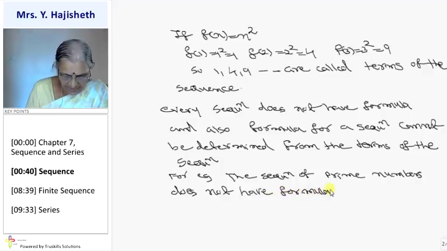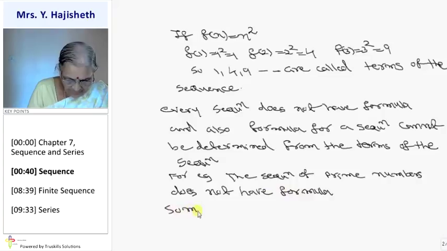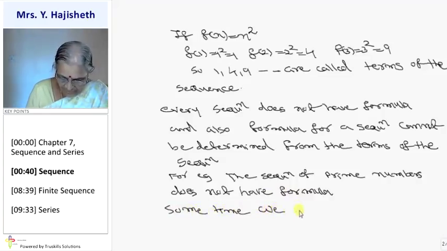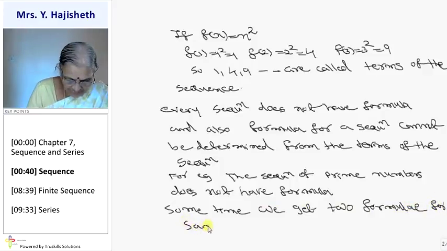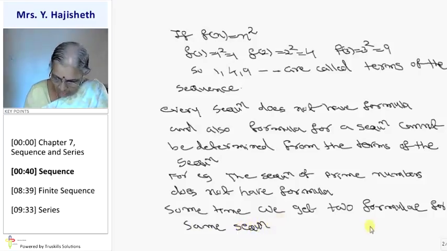Sometimes we get two formulas for the same sequence. For example, suppose you are given only 4 terms of the sequence, 1, 4, 7 and 10.